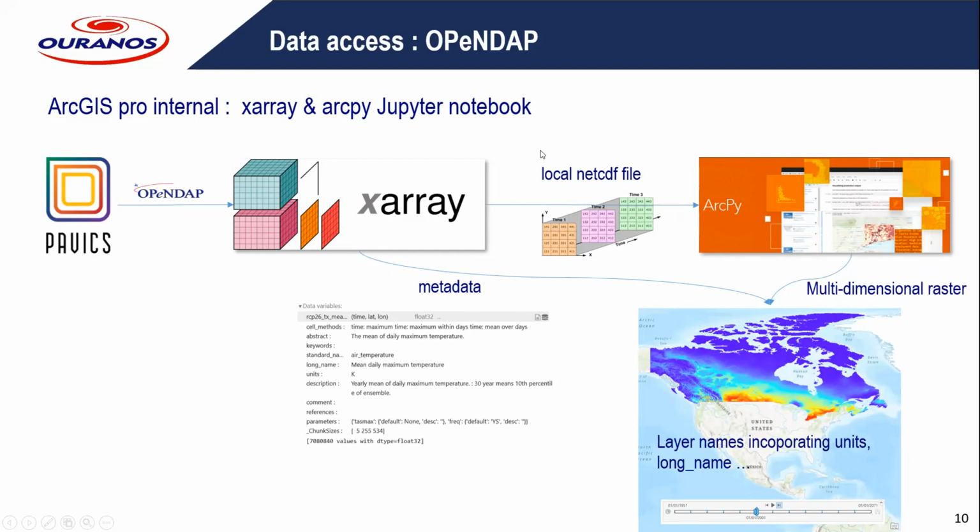So we can combine that in a fairly straightforward Jupyter notebook to create these multidimensional raster layers that can integrate layer names incorporating units, long name, description, or whatever combination we want to provide. So we have something descriptive to the user, and stability coming from the fact that we've saved that netCDF file locally. Again, there is some limit here. Displaying these layers in the GIS, ArcGIS seems to use a lot of CPU and RAM, so there's some limitation in terms of the number of layers you can get into it, but we had much more success using this pipeline.